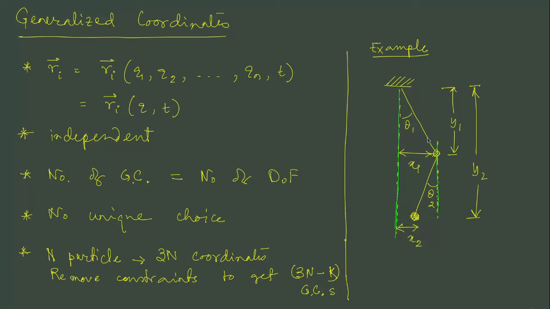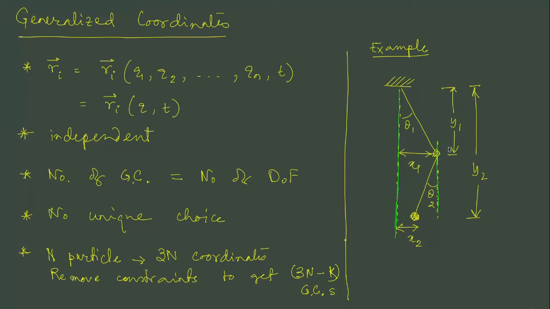Say for example, we have a double pendulum where the first pendulum is hanging from a support by a massless rigid rod. So it's freely rotating, let's say, in this plane about this point. And the second pendulum is hanging from the bob of the first pendulum by a massless rod again, and the entire motion is in this plane. Now what could be the generalized coordinates?